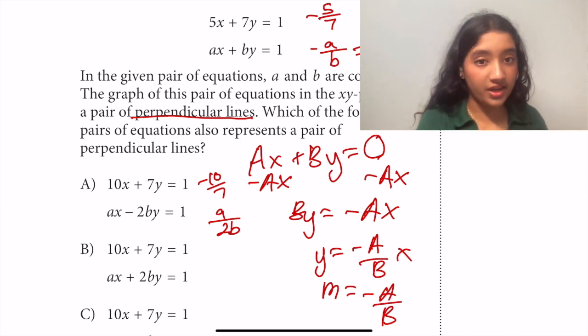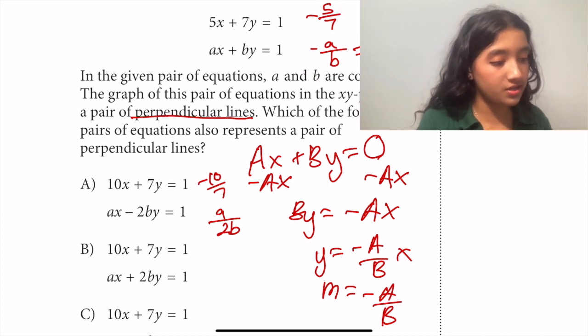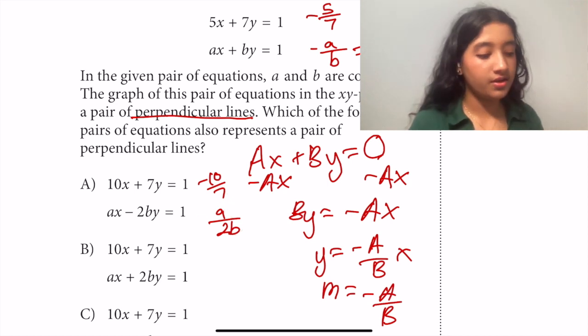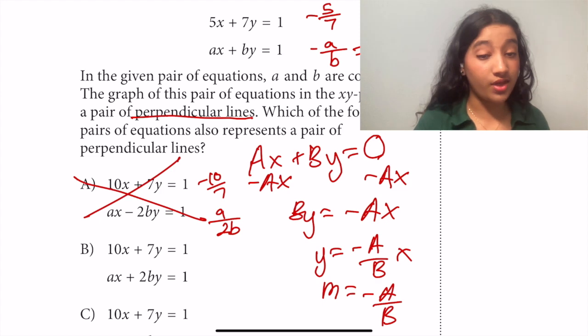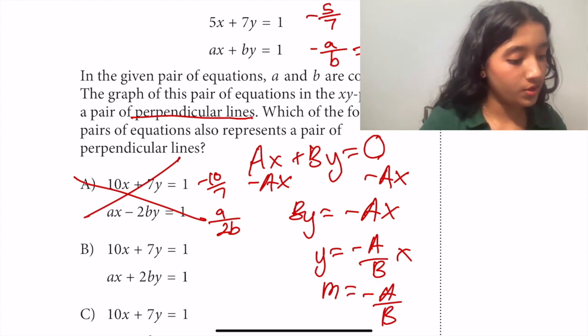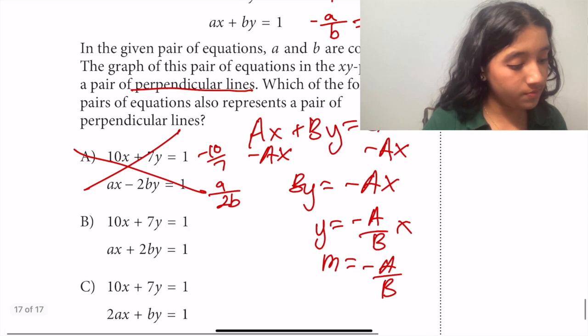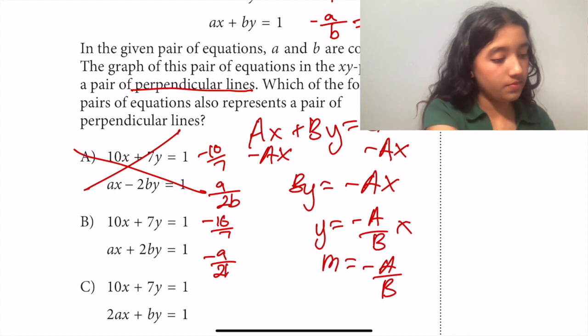In this case, we have negative of some number and then positive a over some multiple of b. So we know that a is not going to work because a over b is already the wrong sign.